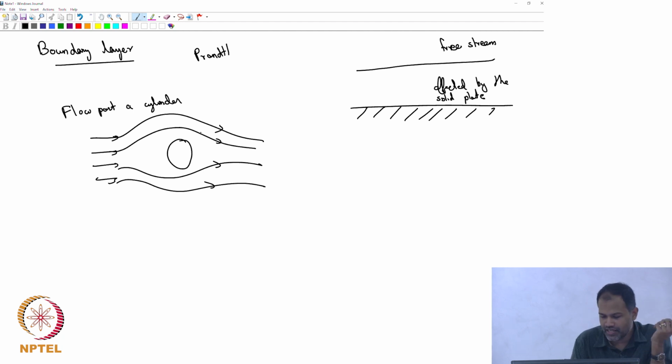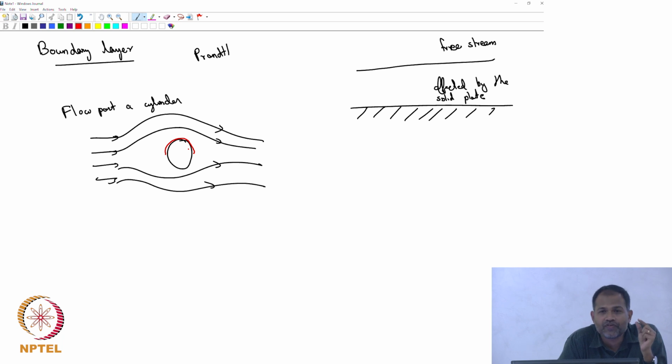So even in this case, there is a very thin layer near the solid region where you cannot neglect the viscous forces, and therefore you need to account for whatever is happening in that layer to predict the viscous forces, or really the drag force. That's why Bernoulli's equation was not able to give you a good result for the drag force. So that's the origin of the boundary layer.